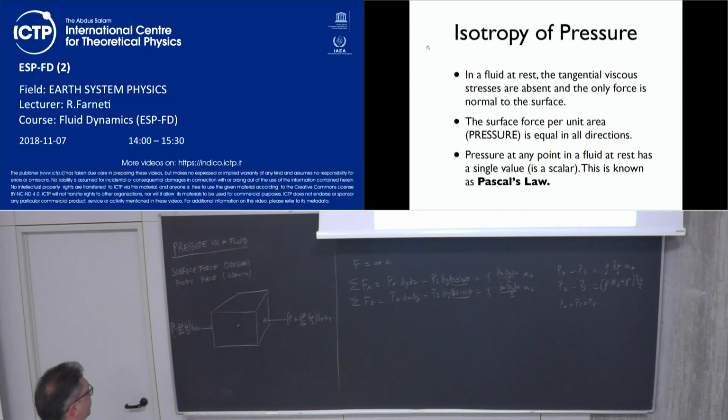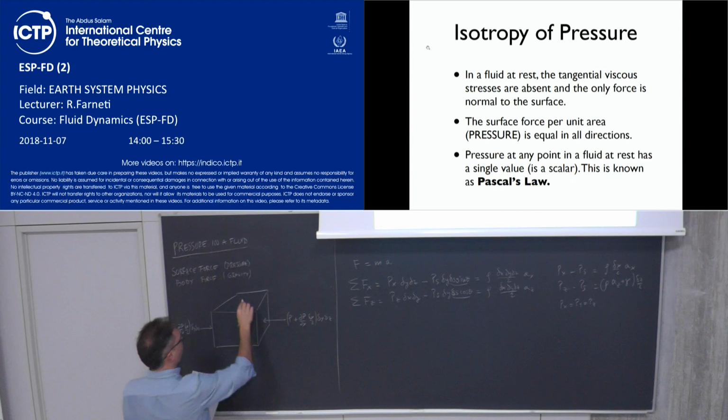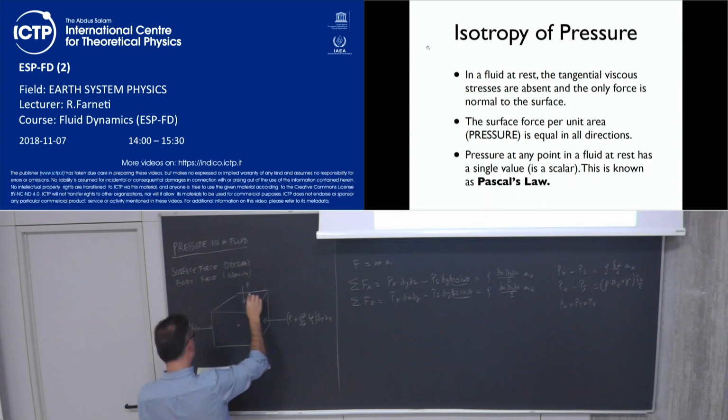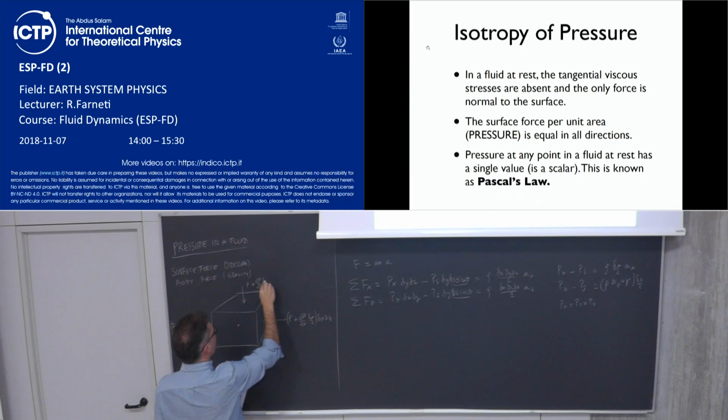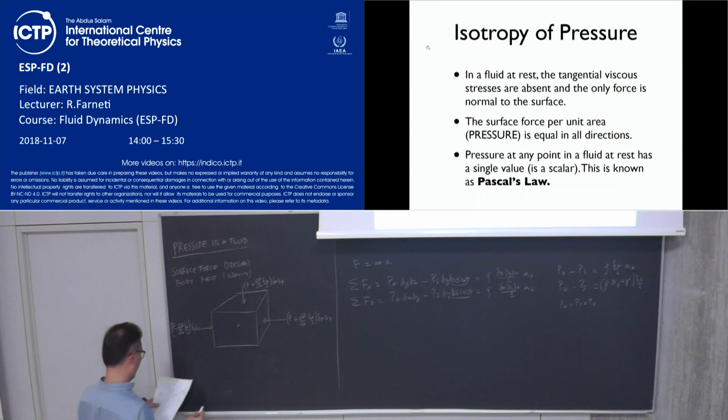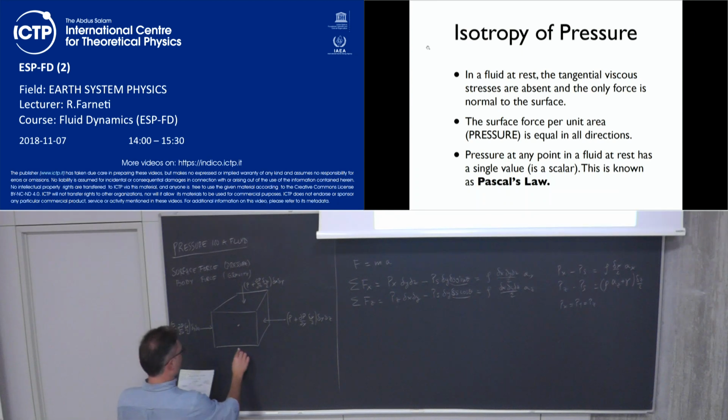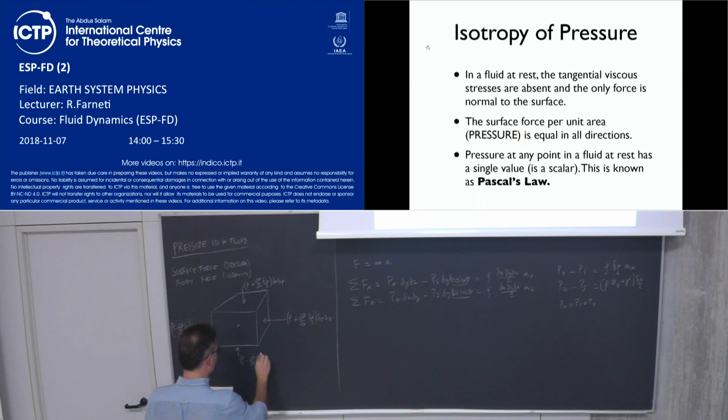Okay. Here at the top, what do we have? We have pressure p plus dp by dz, dz over 2, dx and dy, and so on and so forth in all faces of the element of fluid. Here we have p minus dp by dz, dz over 2, dx and dy.